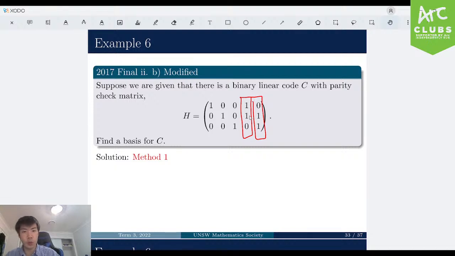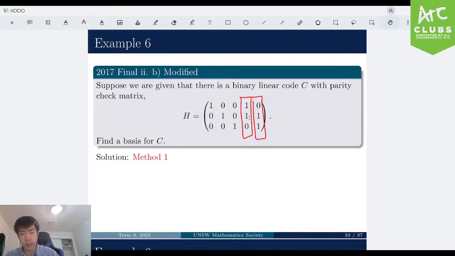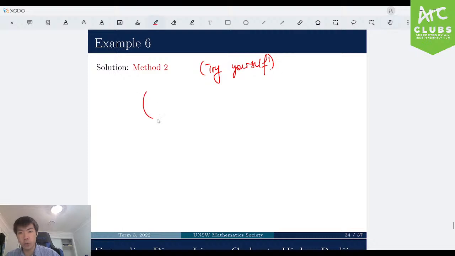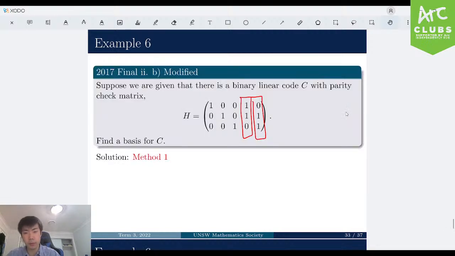And so to find the basis using linear algebra, we'll just solve this augmented matrix here, letting x4, x5 be free parameters. So you can have a go at this yourself.